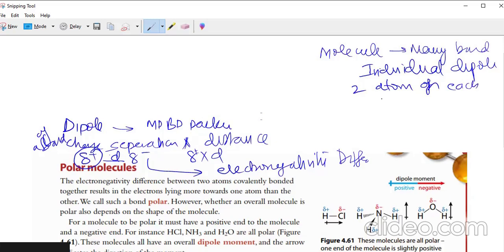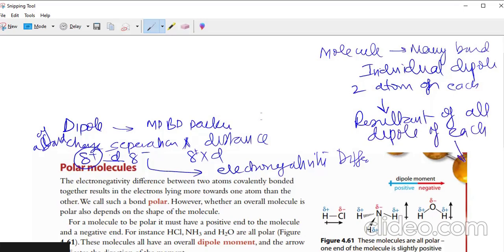So the resultant of the dipoles of each bond gives the molecule dipole. And this resultant is also dependent on the shape.